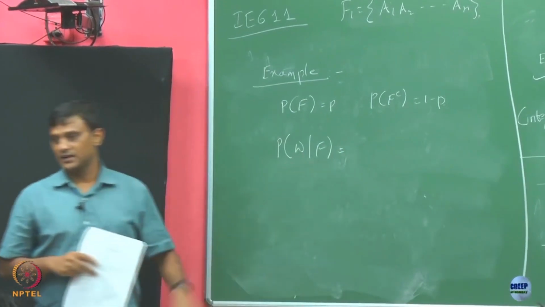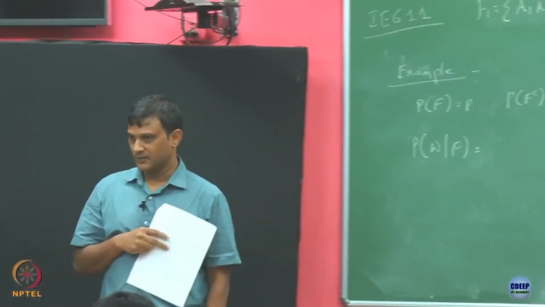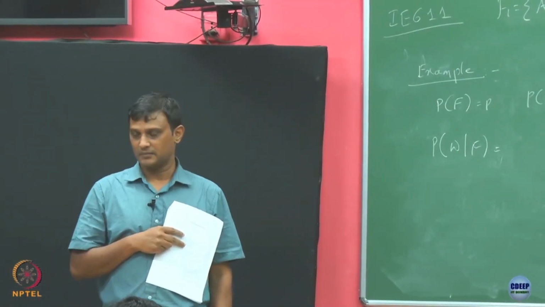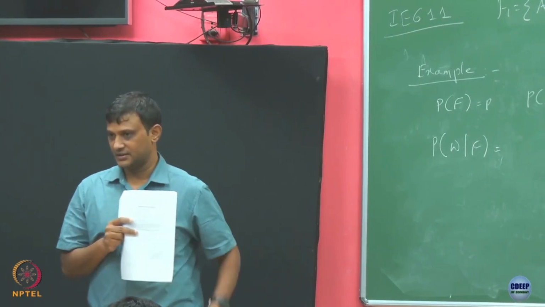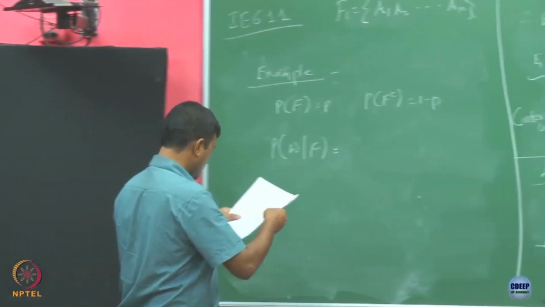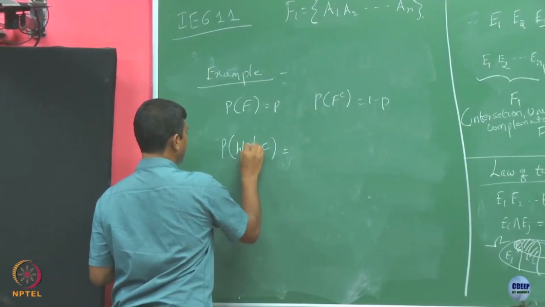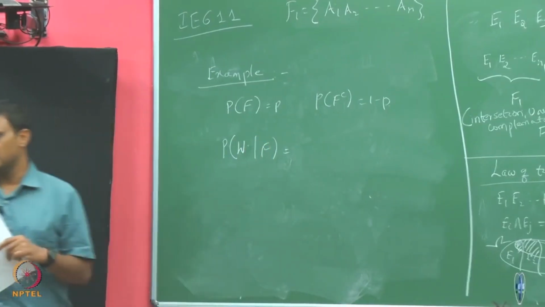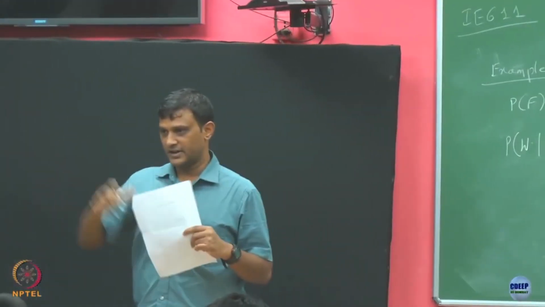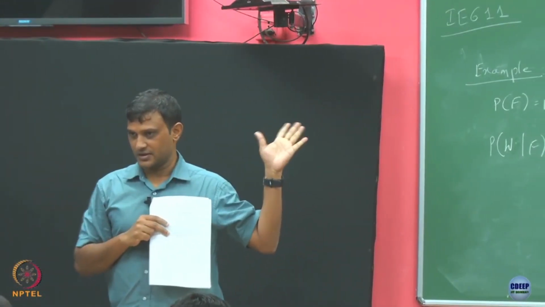Suppose my critical component fails, what is the probability that my mission still succeeds? Let's say that when the critical component fails, my system still works. So that is what W means, working condition.